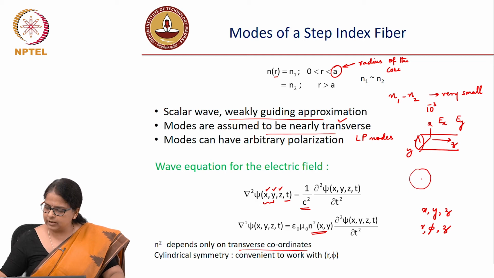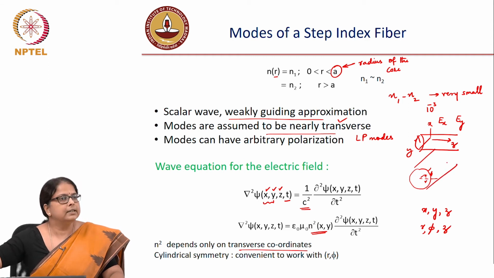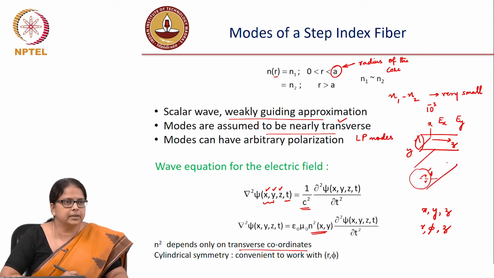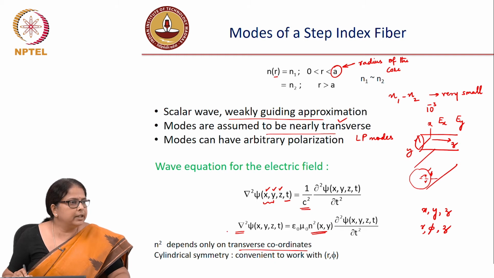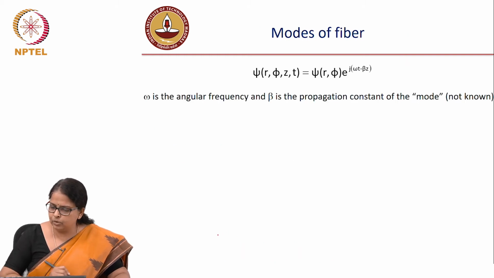If I draw the cross section, this is the radial coordinate, this is the azimuthal coordinate, and the propagation is along the z direction, the third direction. There is an expression for del square in the cylindrical coordinate system, and you can use that.